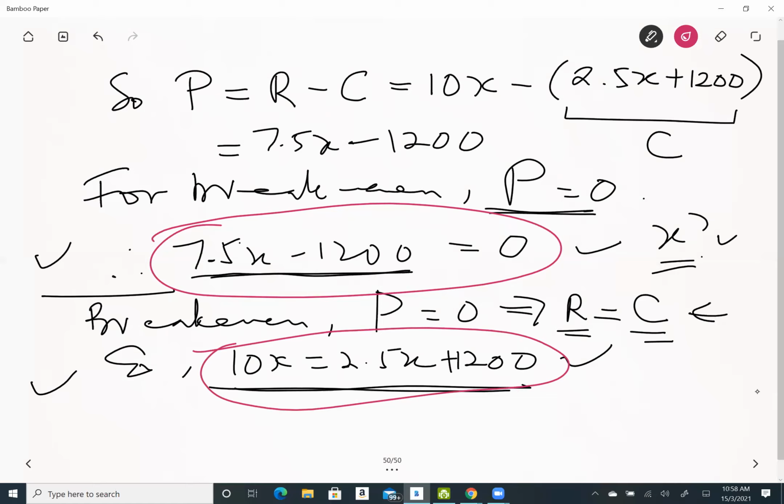If you work this out, you get x equal to 160. Show the work and complete this at home as homework.